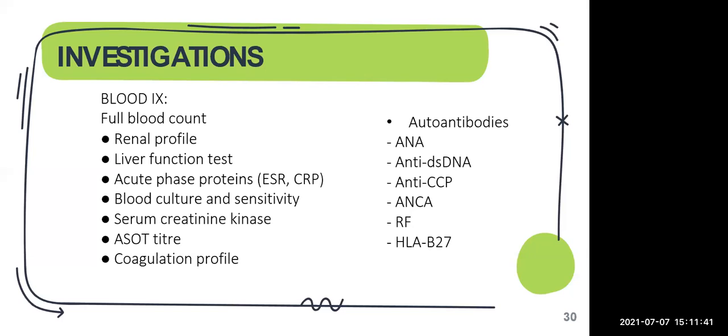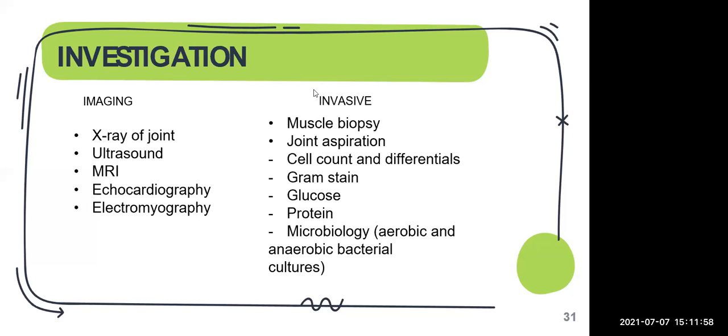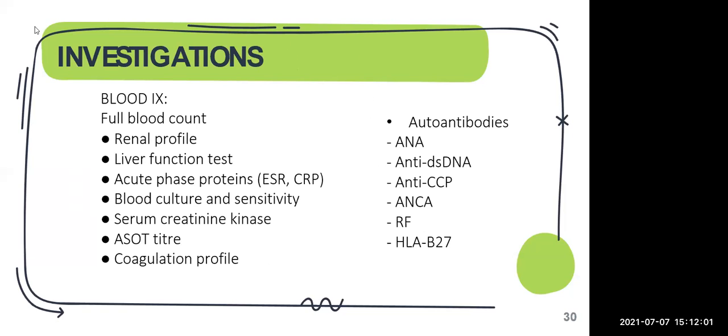You can do acute phase protein, which is usually increased in inflammatory causes. Blood culture and sensitivity, because you want to rule out any septic arthritis. And then serum creatine kinase, which usually increases in juvenile dermatomyositis.